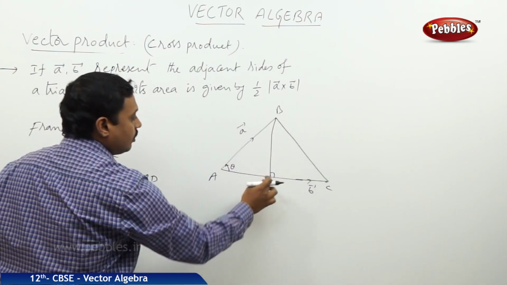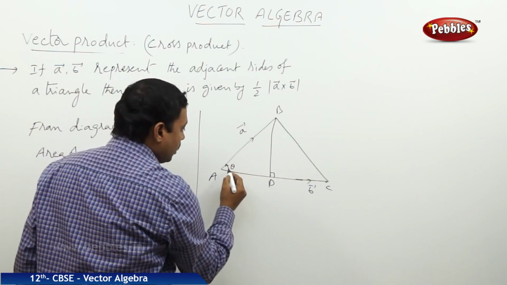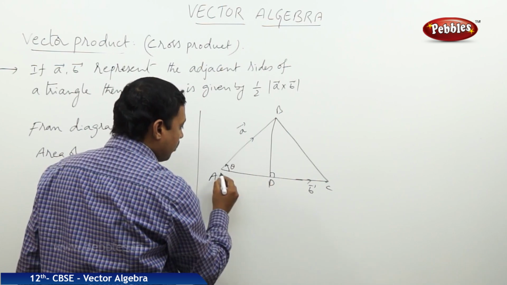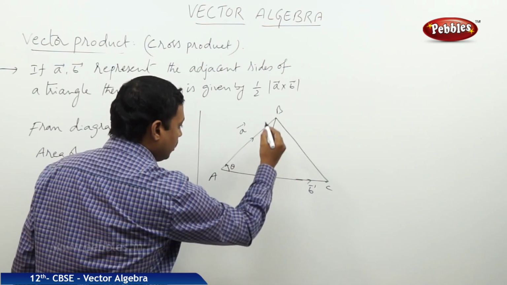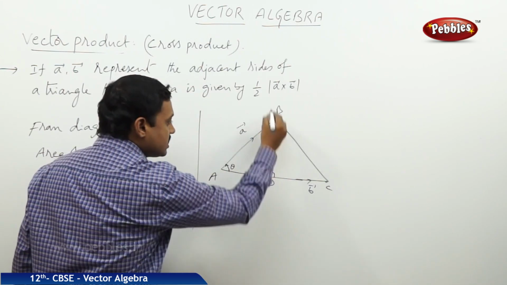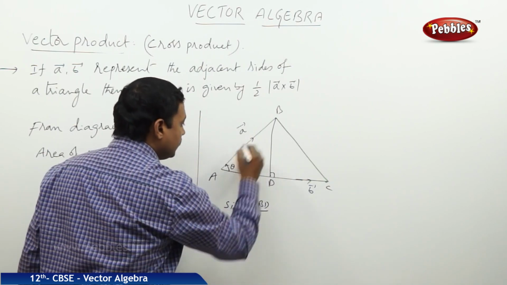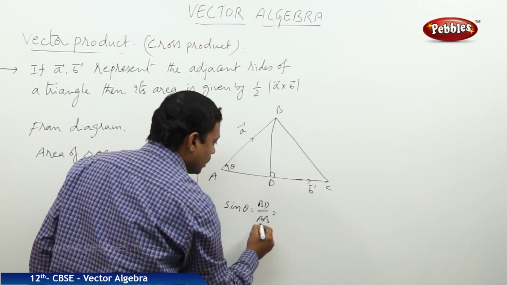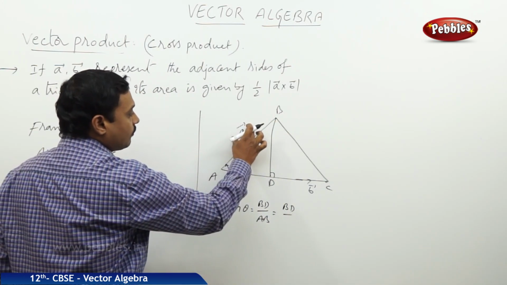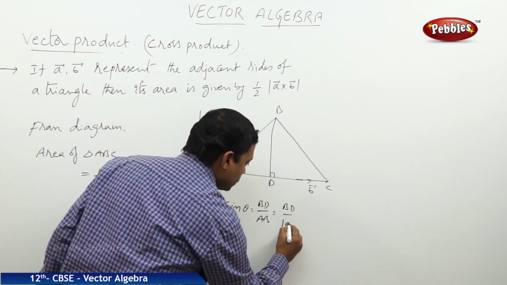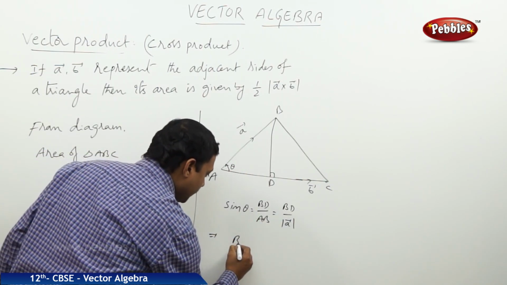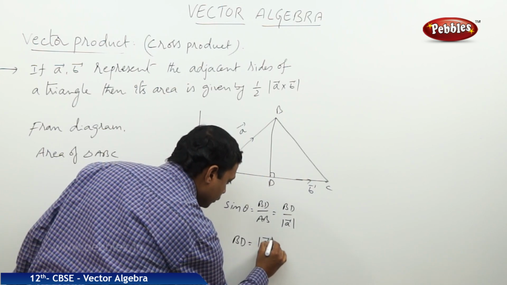Now what is BD? From the diagram, the angle is theta and it is 90 degrees, so a right-angled triangle is formed by the vertices A, D, B. From the triangle, what is sin theta? Sin theta is equal to BD by AB. But AB is the magnitude of the vector a, so we can write it as modulus of a. On cross multiplying, BD is equal to mod a into sin theta.